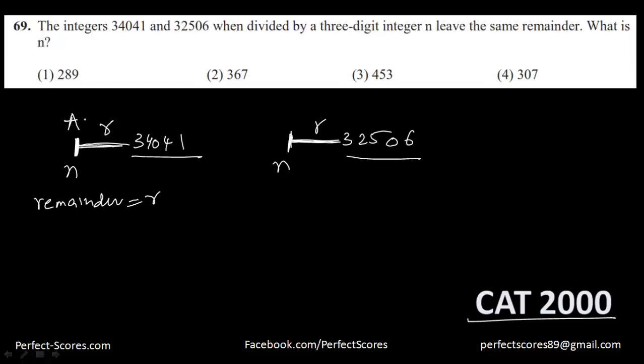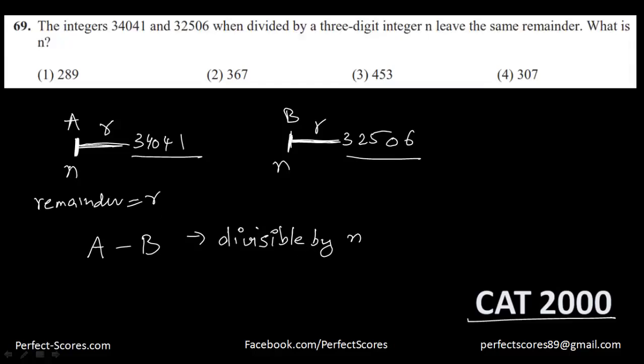Let's suppose this number here is a and this number here is b. Now a minus b would be divisible by the 3-digit number n, right?